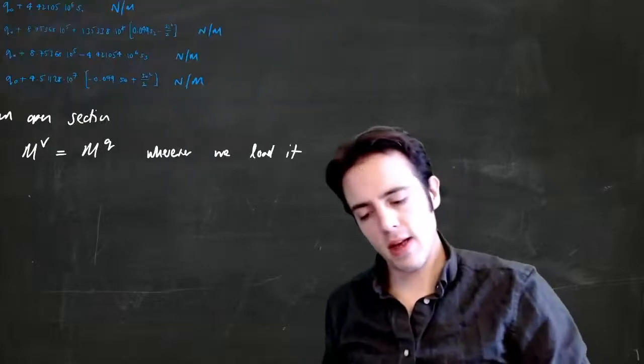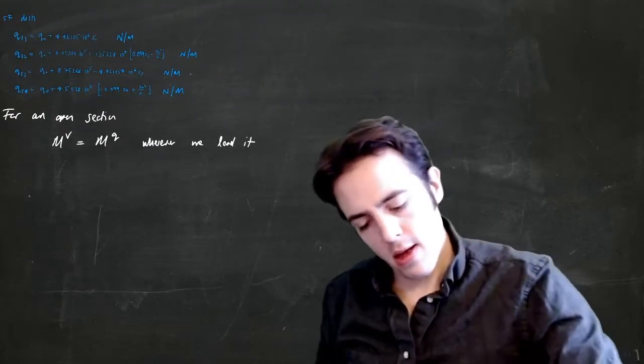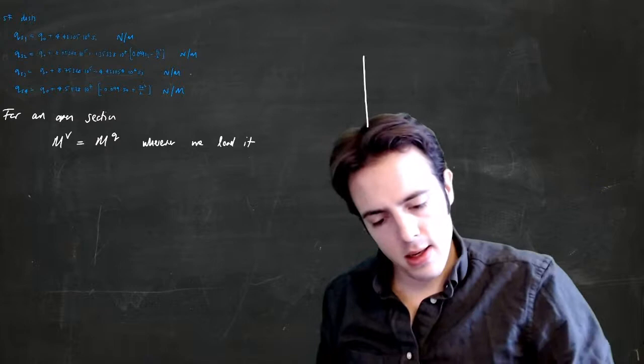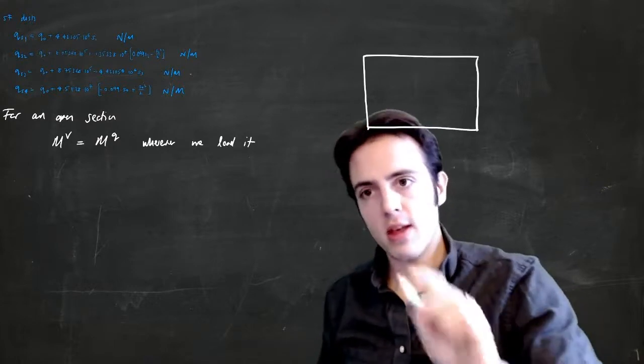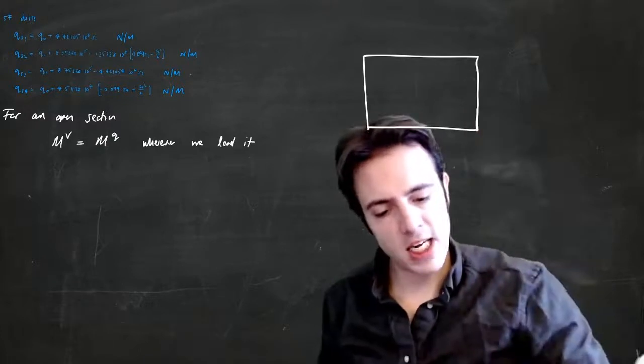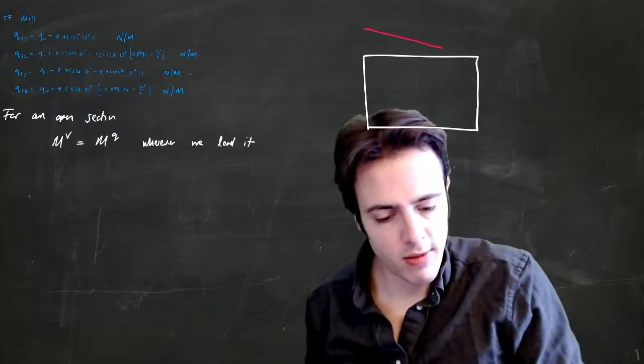And we can think about this as if we have an object like this, then we've cut it here, or we've sort of pretended we've got this open section here.